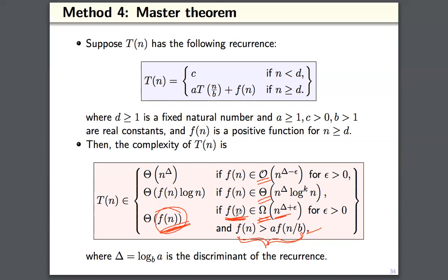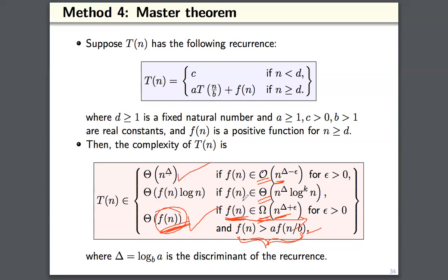But the point is this: if f of n is asymptotically greater than n power delta, then f of n is the winner. If n power delta is asymptotically greater than f of n, then n power delta is the winner, right?